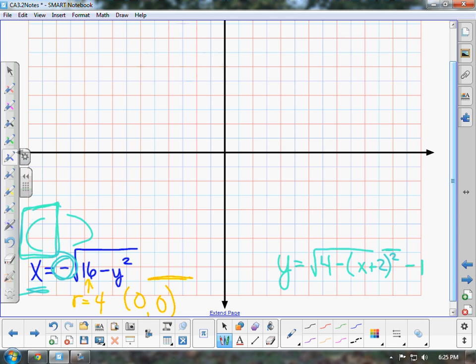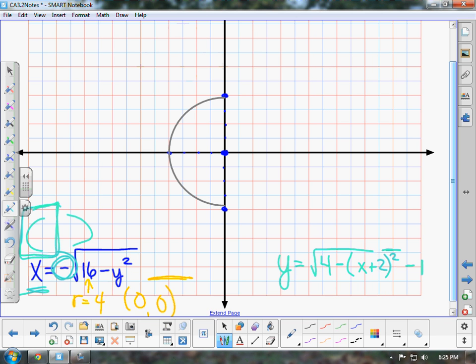So we have 0, 0 as our center, and our radius is 4. And so our semicircle will be this. Of course, yours would go exactly from there to there and look just as nice as that one.